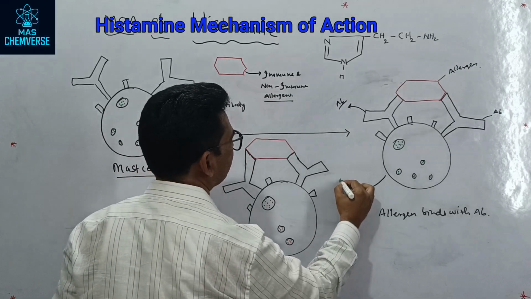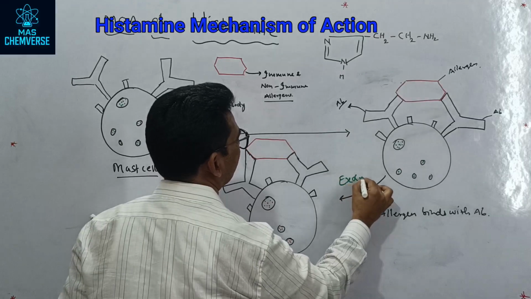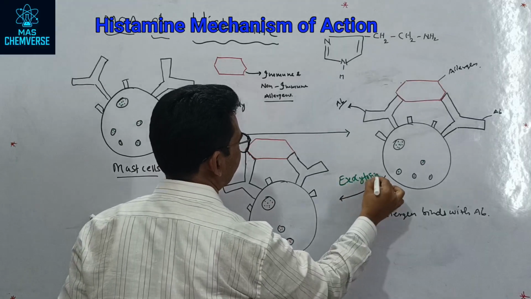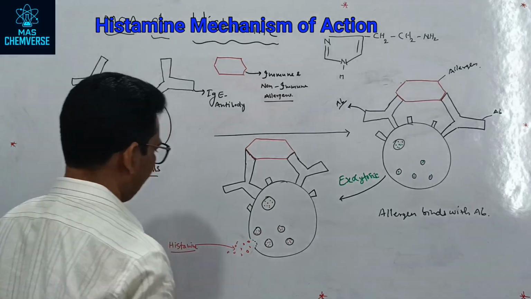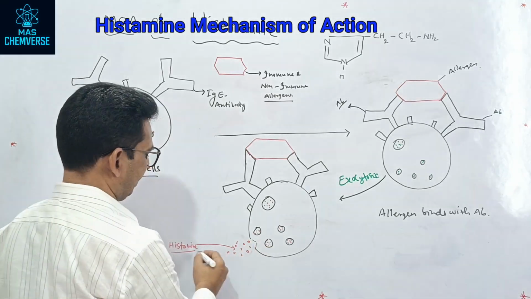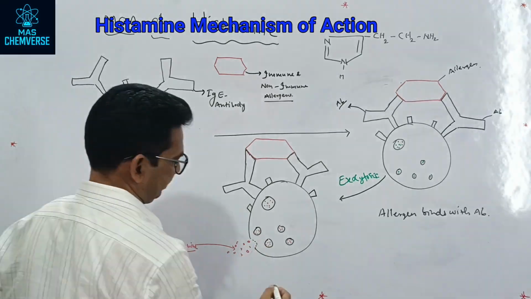What is it called? This process is called exocytosis. By this process, they release the histamine.